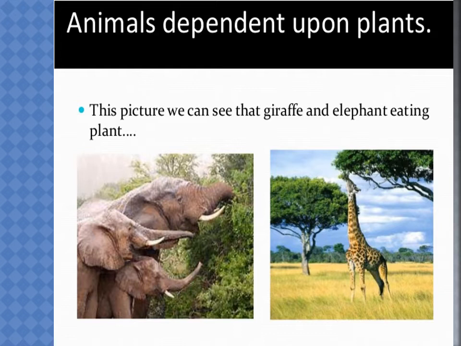Various plants serve medical purposes too. Some medicinal plants are there. We are taking medicinal plants: neem, turmeric, eucalyptus, cloves, etc. More plants are there.